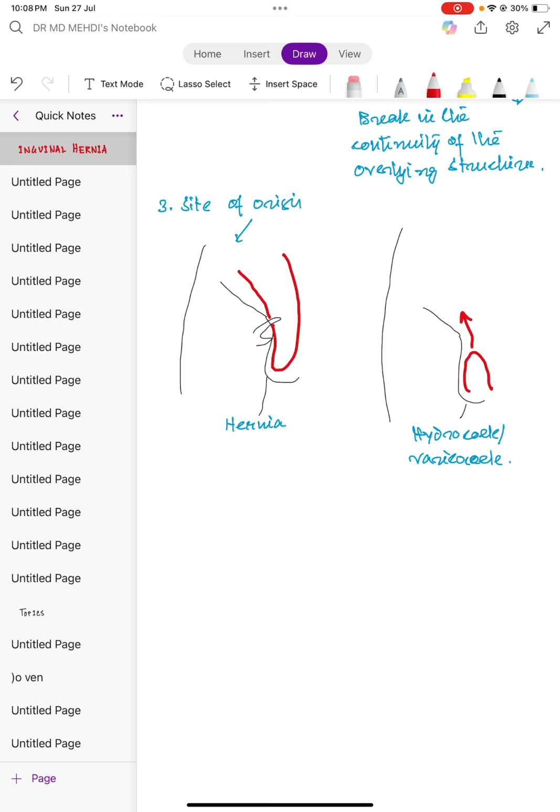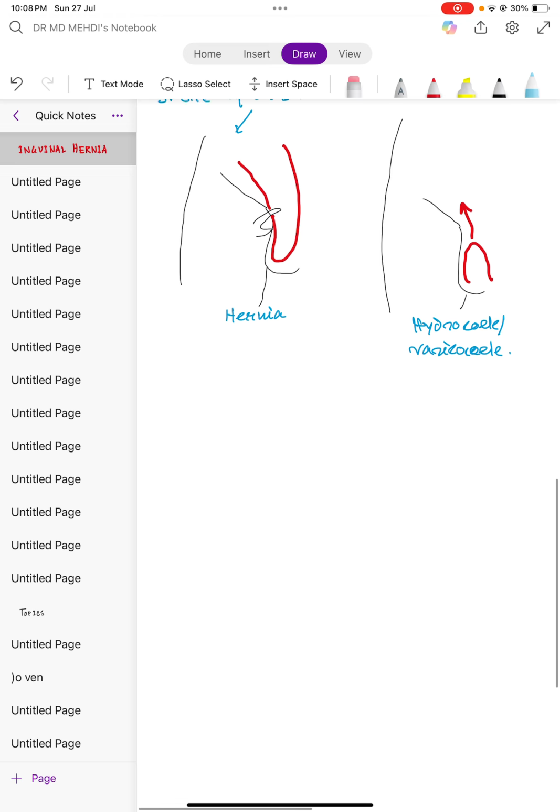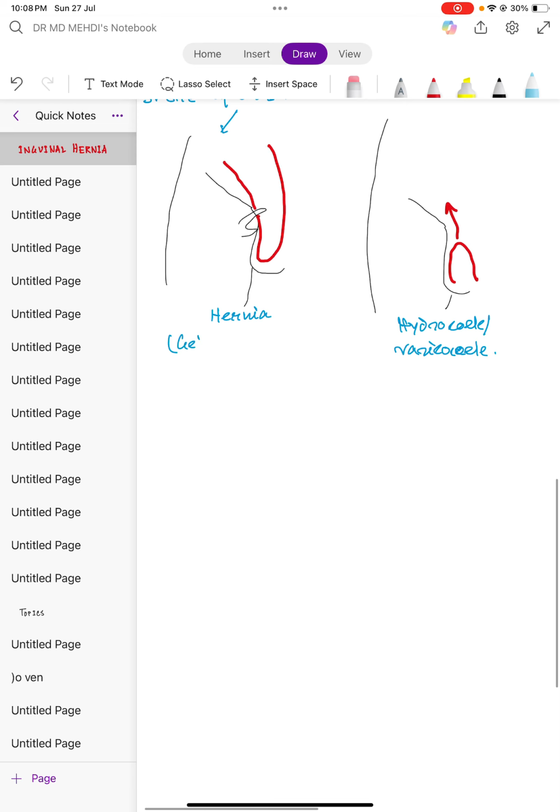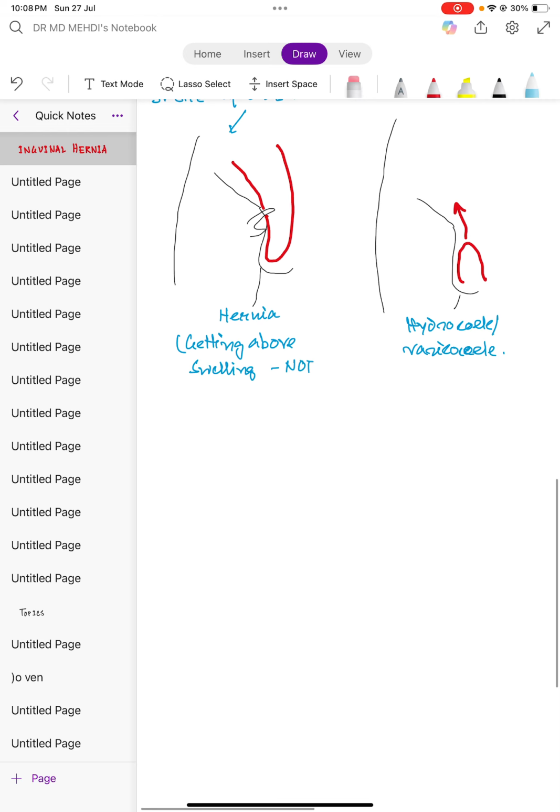So it will not be possible to get above this swelling. Here, getting above the swelling is not possible, whereas here, getting above the swelling will be possible.